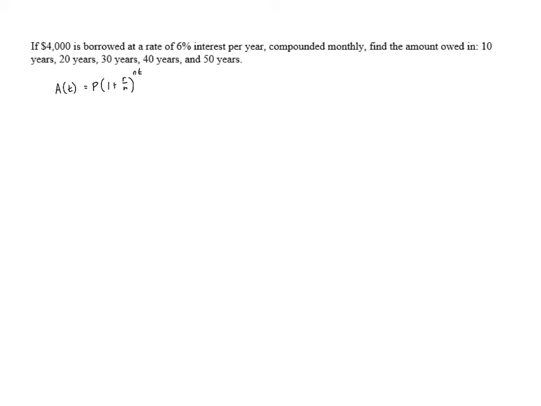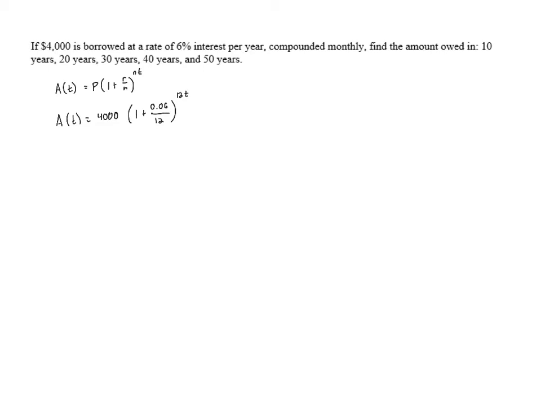So for each of these values of t, we're going to have A(t) = 4,000 times (1 + 0.06/12) raised to the 12t power, because P is 4,000, r is 0.06, n is 12, and we don't know what t is.